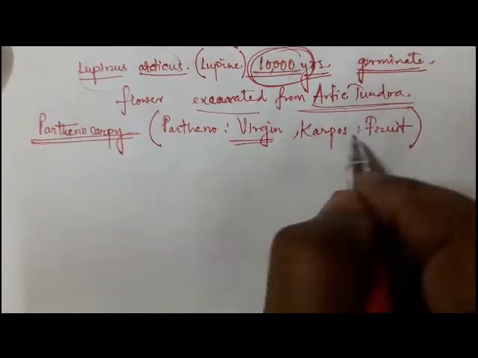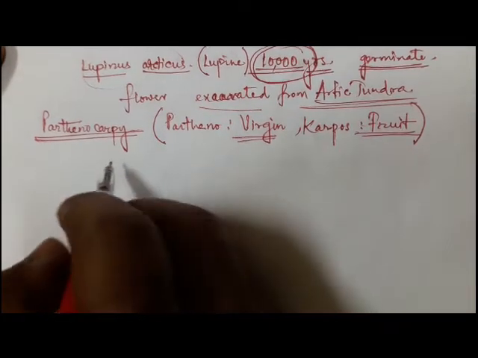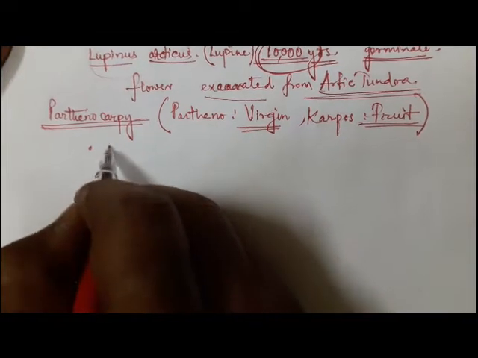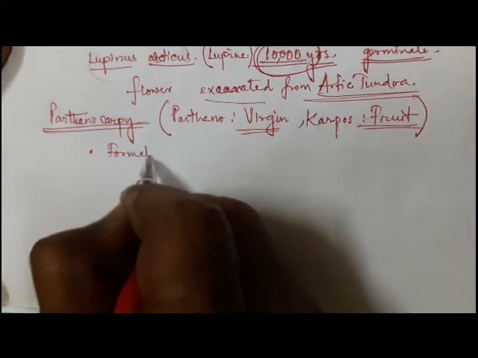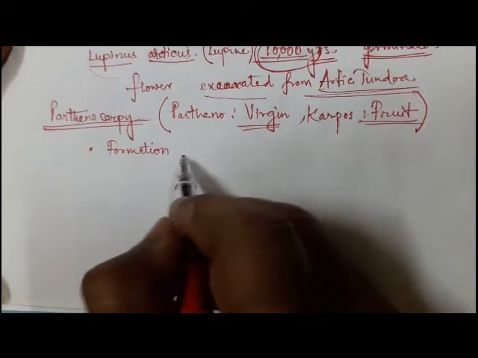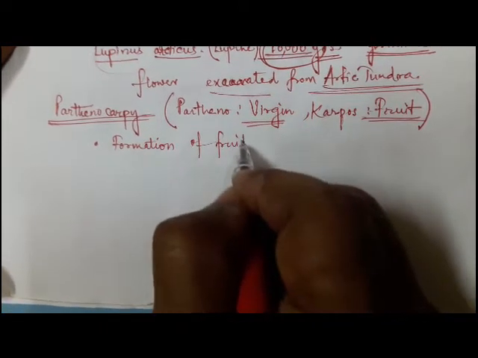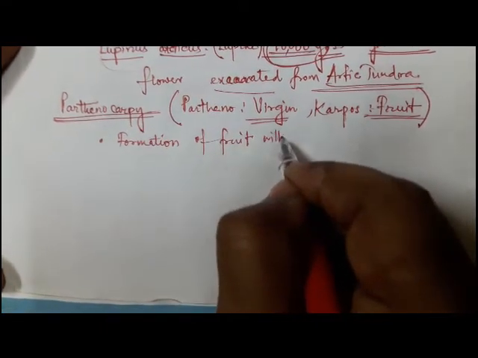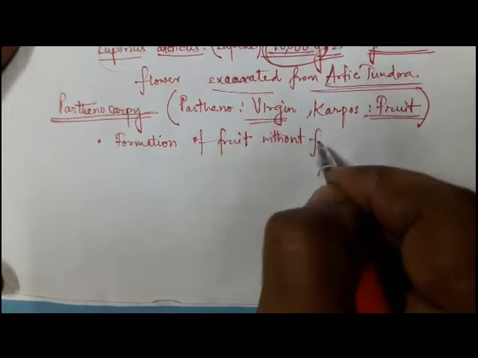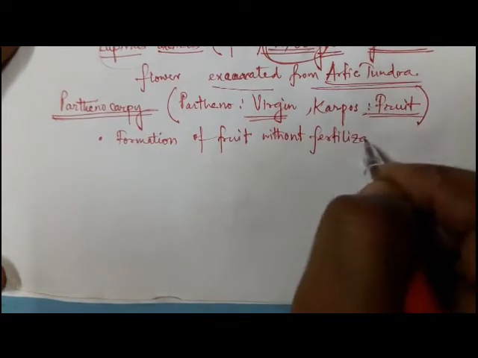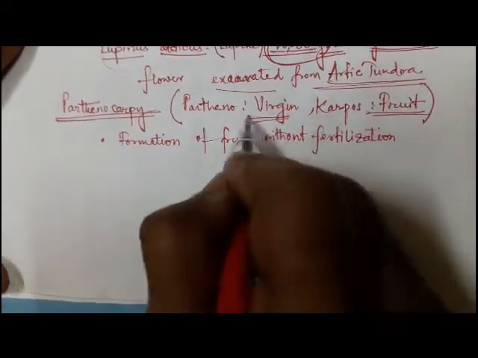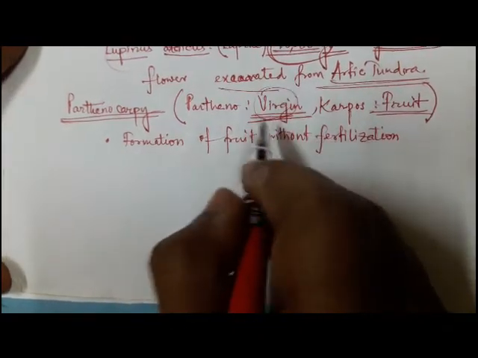So it is a virgin fruit, which means that here the formation of the fruit is without fertilization. That is why the name virgin, right?